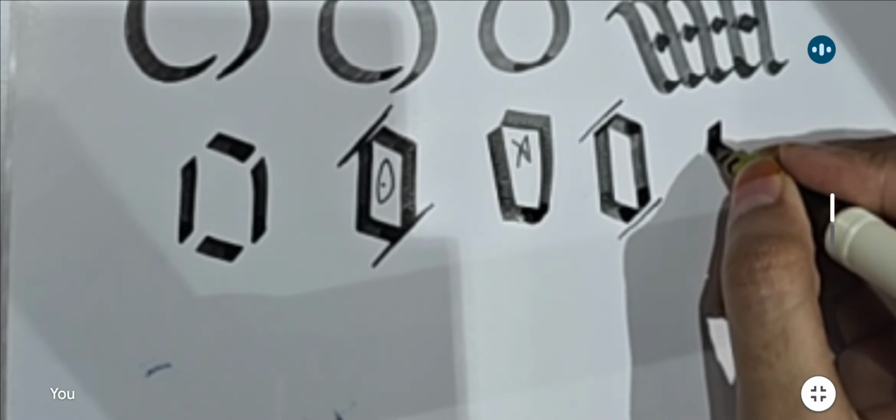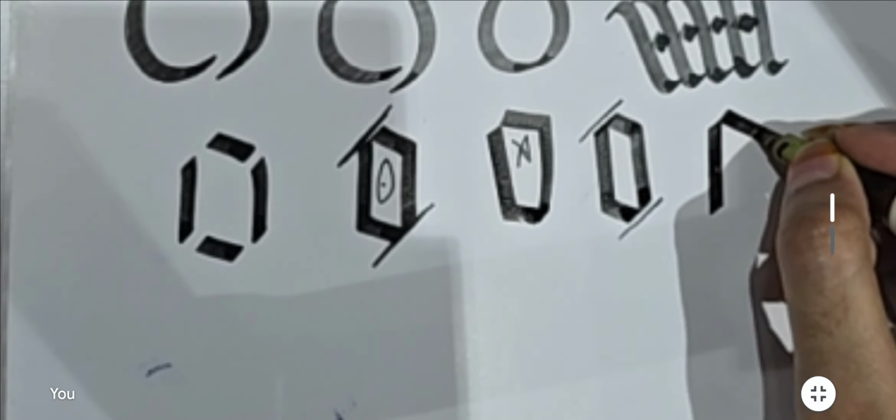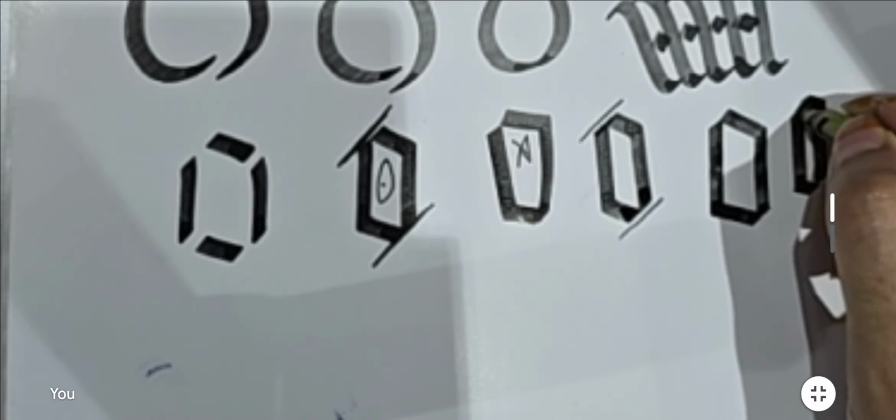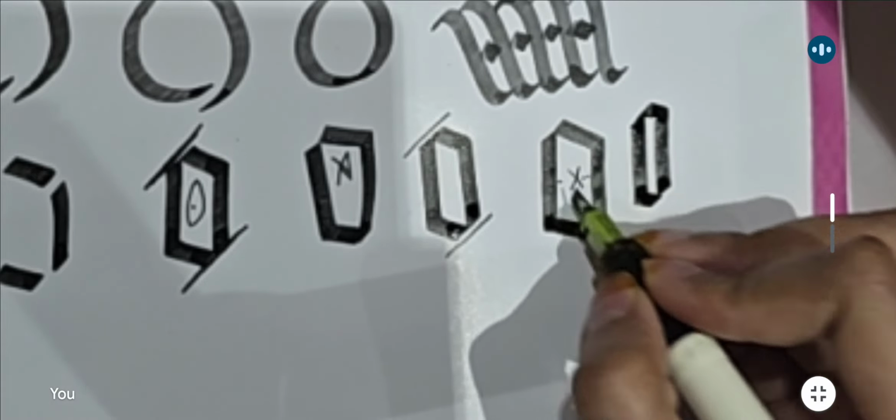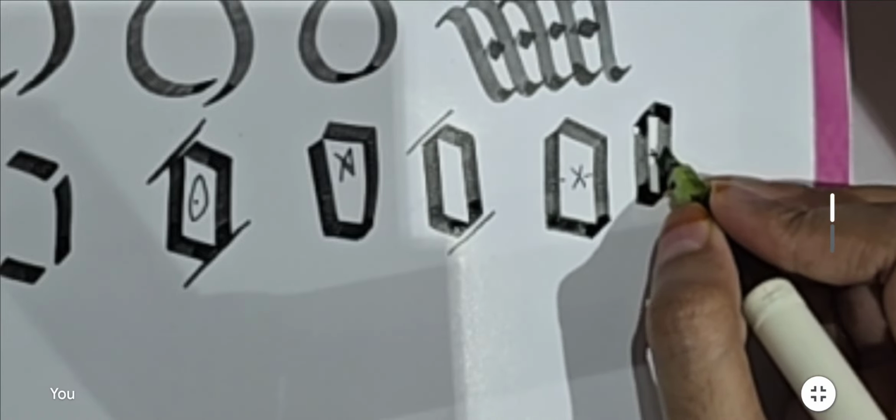Also, how much space is needed inside? Like we can make this one like this too, right? Or maybe like this. But if you are giving too much space, then also it is wrong. If you are not giving enough space, then also it is wrong.